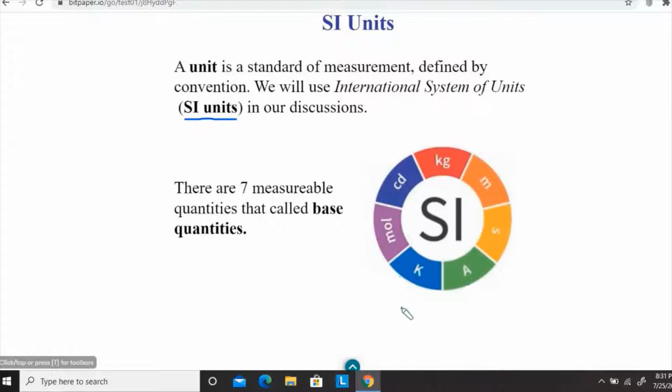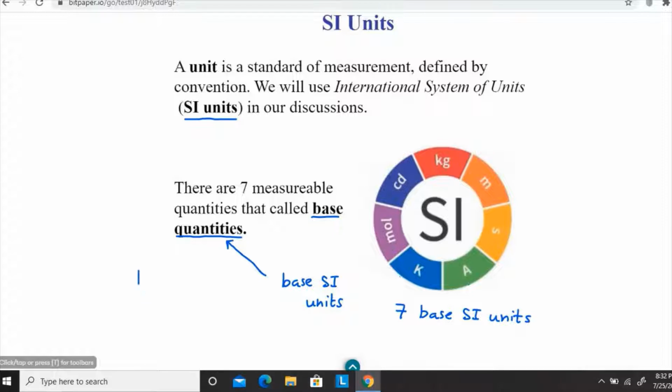There are 7 base SI units. As you can see here, there are 7 base units, and for those base SI units, there are 7 base quantities. We discussed some of these quantities earlier.